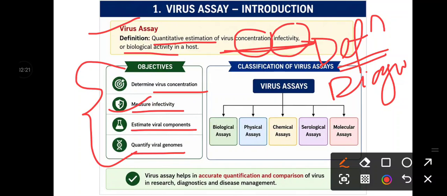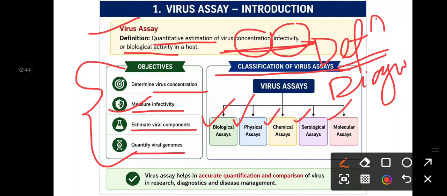Now, about the classification of virus assay. Virus assay can be categorized into 5 types: biological assay, second physical assay, third chemical assay, fourth serological assay, and fifth molecular assay.